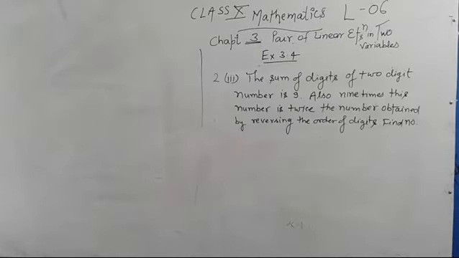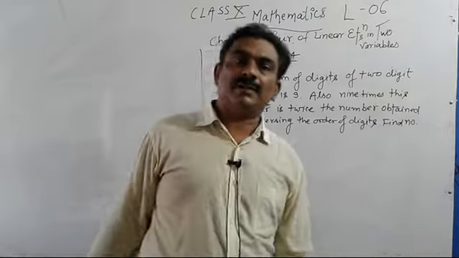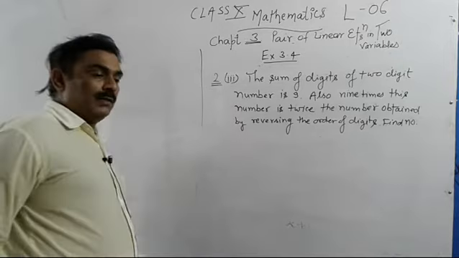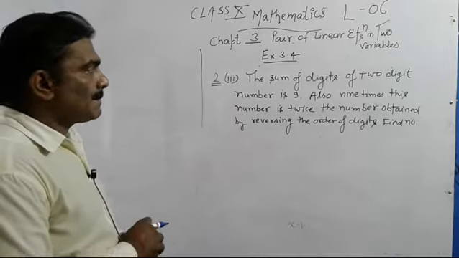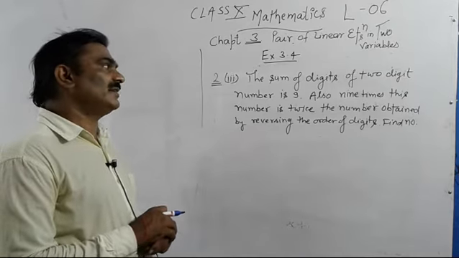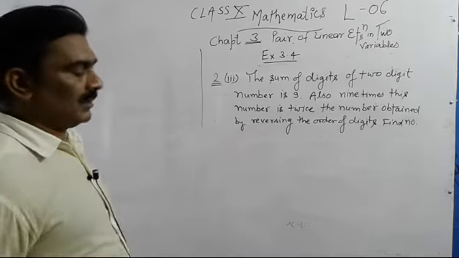So now students, we have the third part of question number 2 of the same exercise. This question belongs to the numbers which are based on digits. How to find numbers?